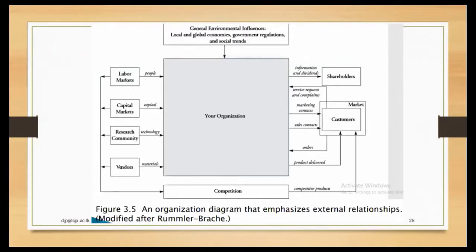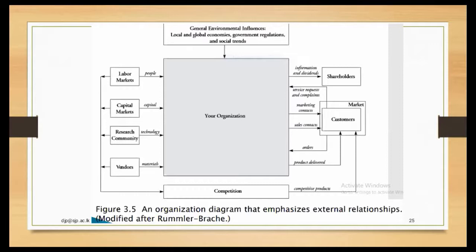Then again we have the customers. What kind of information would they receive? The marketing contacts, sales contacts. Whatever product you make within the organization or the service you offer should ultimately be sold to the customer. Customers come from where? They come from the market.